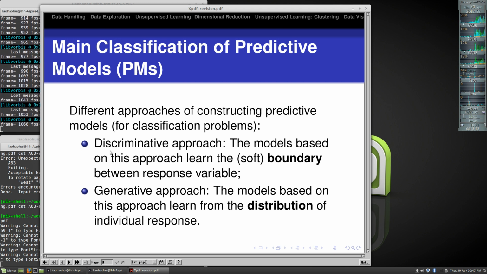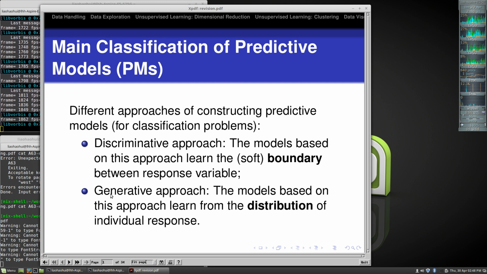The first class of predictive models are the so-called discriminative approach predictive models. These models are basically performing prediction based on the boundary of the response variable.